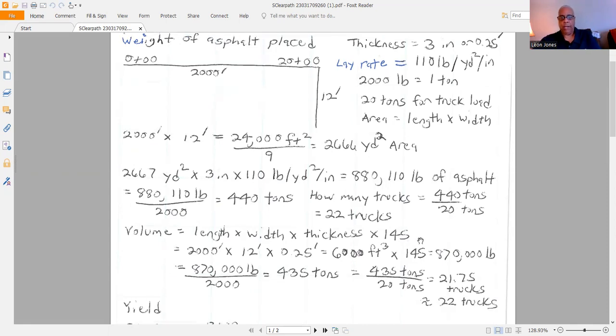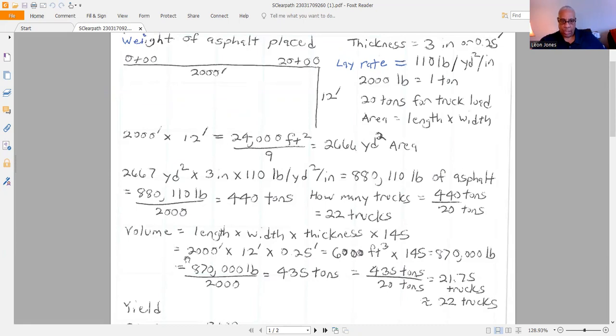Now, there's another way that you can also do this equation too. What about using volume? Volume is the length times width times thickness times 145. Now, 145 is generally the density of asphalt, which is 145 pounds per cubic foot.